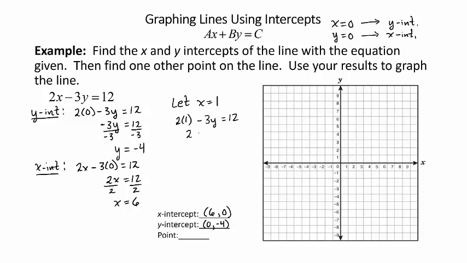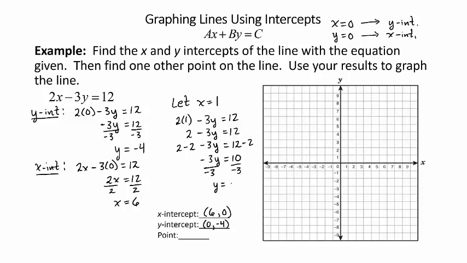So I have 2 minus 3y equal to 12, and I've got to solve this for y. I'm going to subtract 2 from both sides: negative 3y is equal to 12 minus 2, which is 10. So negative 3y equal to 10. Now we have to divide both sides by negative 3.